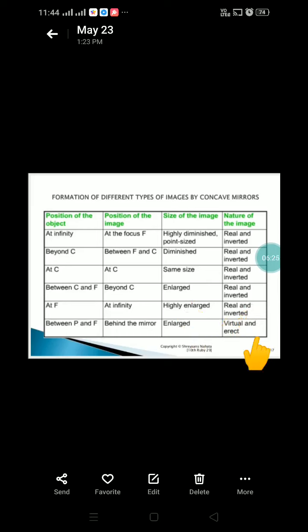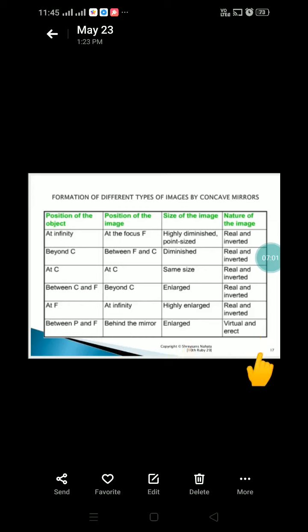In the fifth case, if the object is at F, the image is formed at infinity, and its size is highly enlarged, and it is real and inverted. Then the sixth case, between P and F, the image is formed just behind the mirror, and the property is enlarged, but it is virtual and erect.